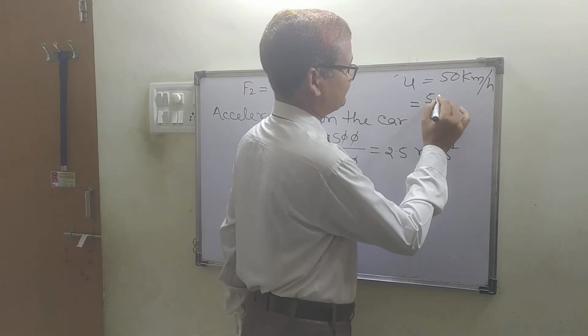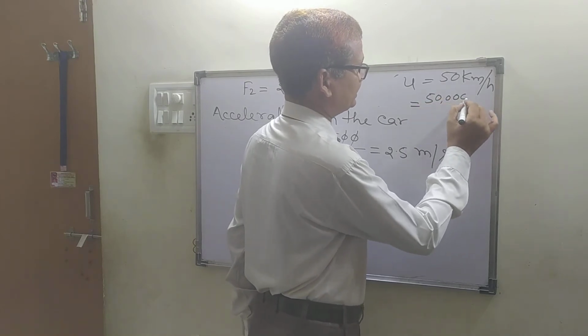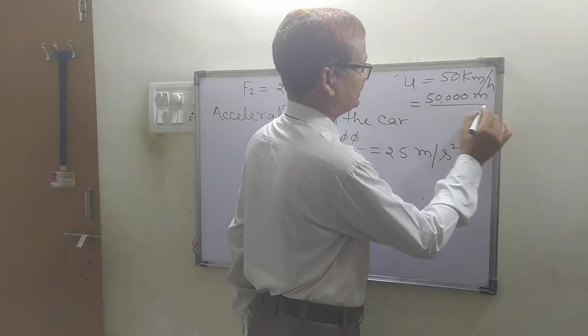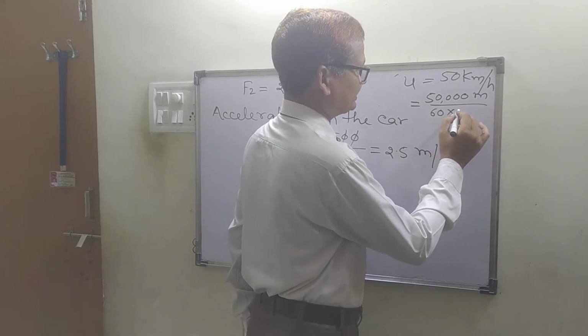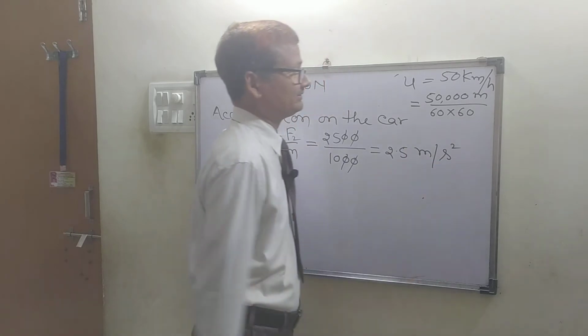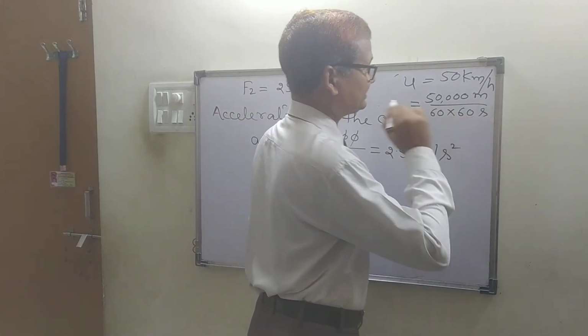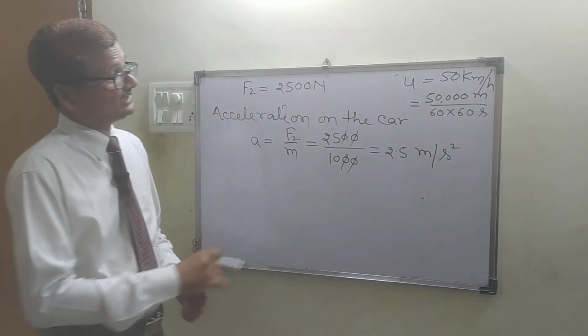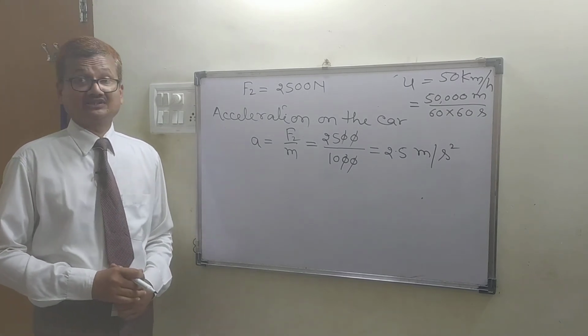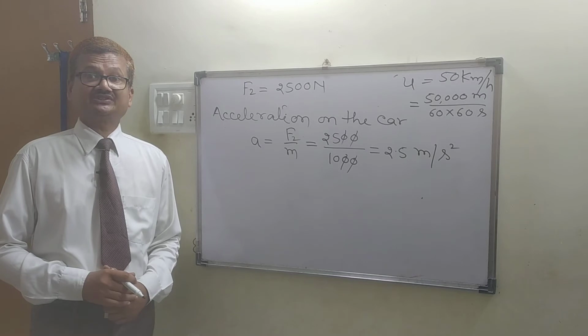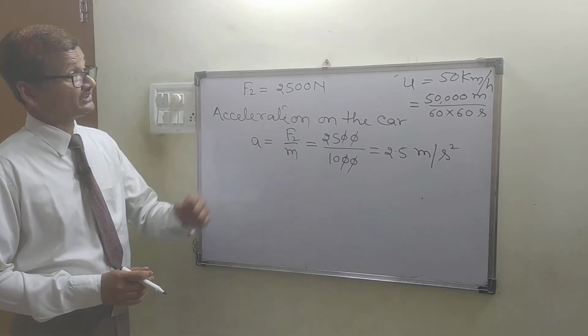So 50 kilometer means 50,000 meter, and 1 hour means 60 minute, multiplied by 60 to get seconds. So this is the SI unit of speed, 50,000 meter upon 3,600 second.